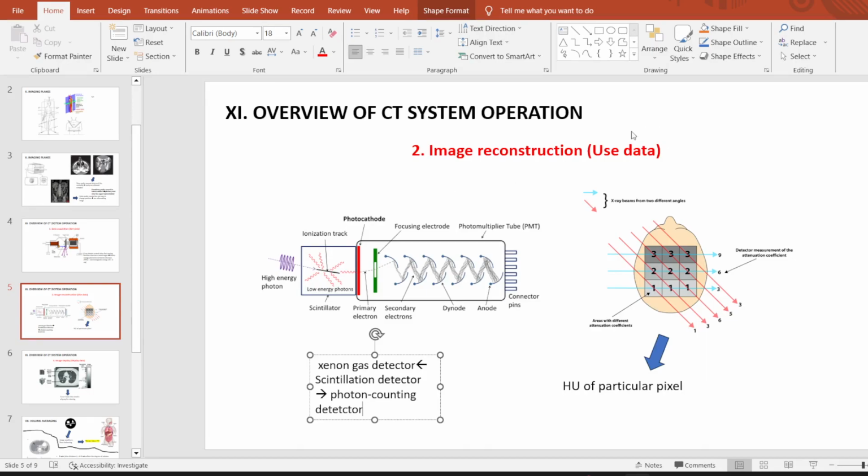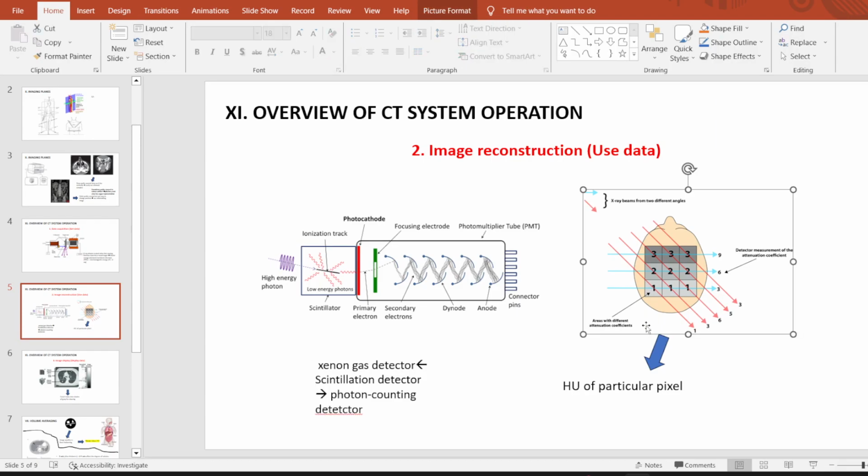And how we use the data is based on math, one of the most basic algorithms used to reconstruct our image, which is back projection. Let me give a quick overview.